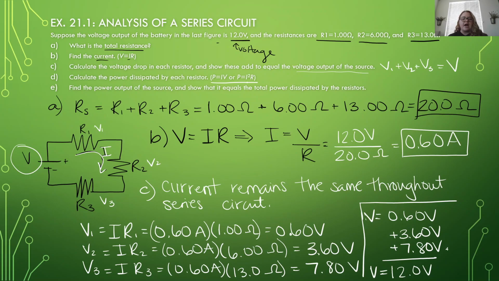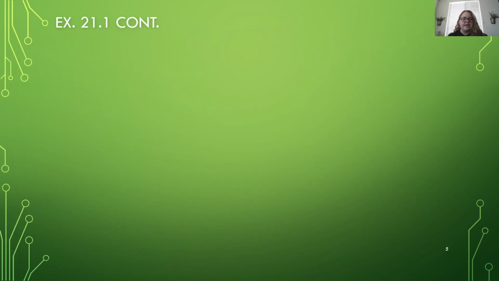I think what I will do, this one has the resistance that was given to us, so I'm just going to go with that. But you can calculate it in either way. It should give you the exact same value.